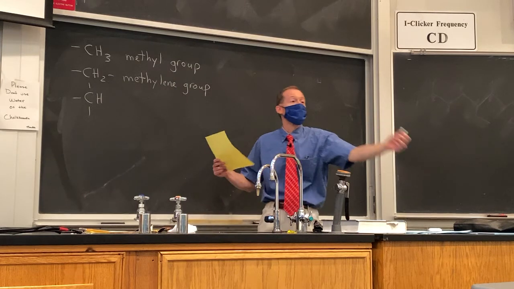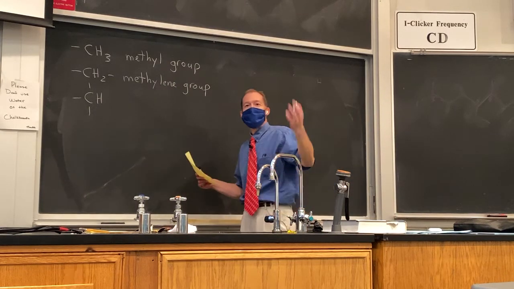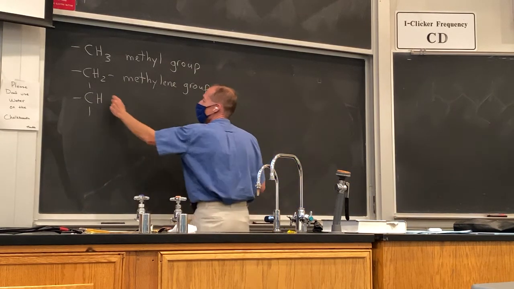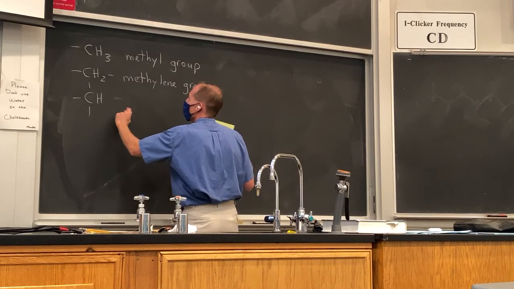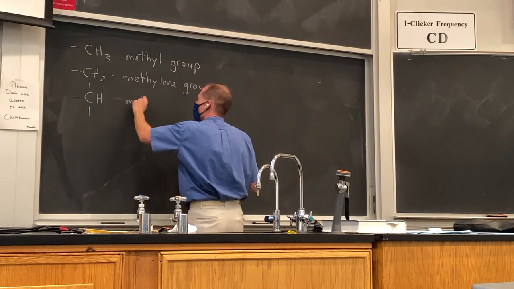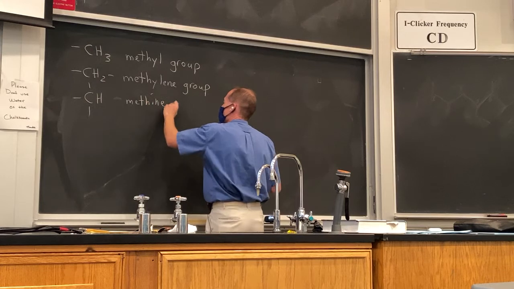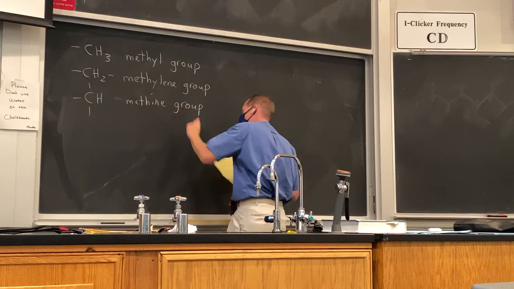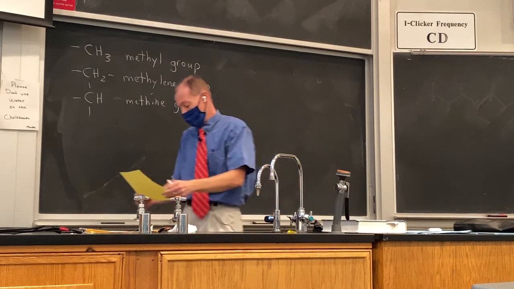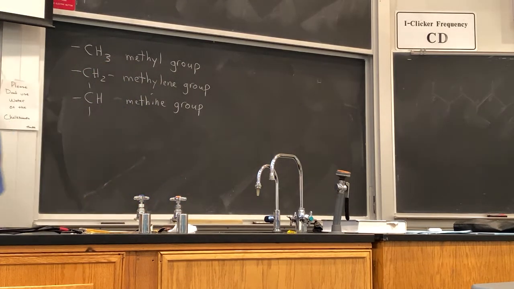That's going to be attached to three other things, three carbons, two carbons and an oxygen, various different choices. That's going to be referred to as a methine group. Okay? So this is some vocabulary we need to know in order to name and discuss organic compounds.